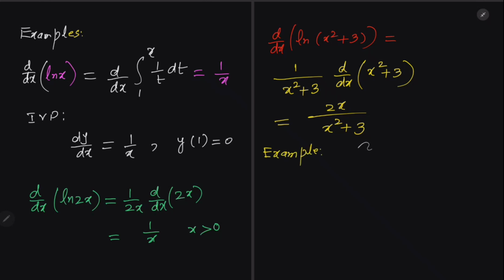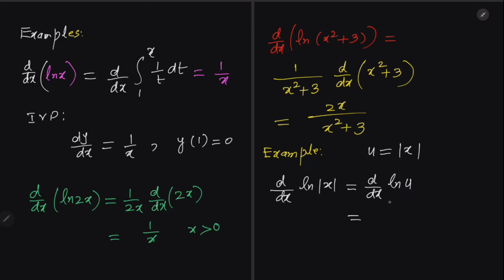suppose we have to find the derivative of natural log of the absolute value of x. If we just define a variable u equal to the absolute value of x, and differentiate natural log of the absolute value of x, that will be equal to natural log of u.